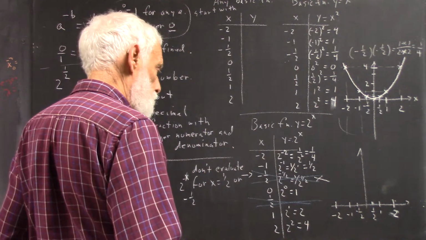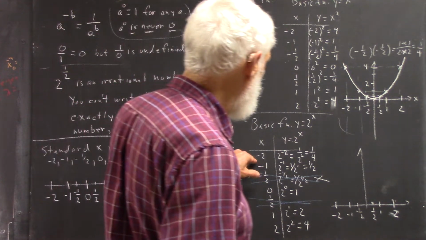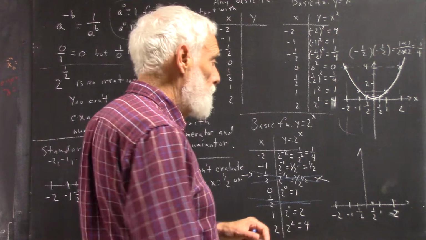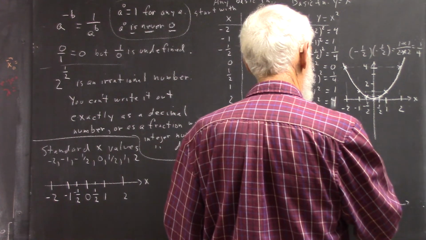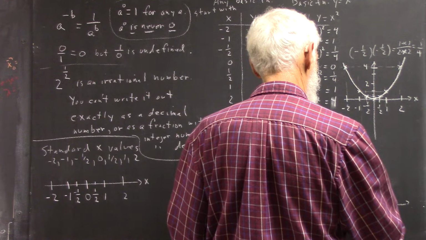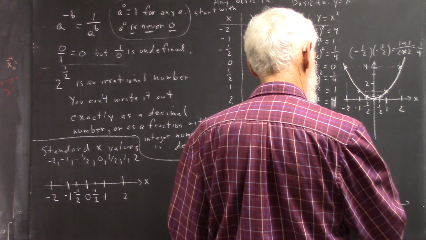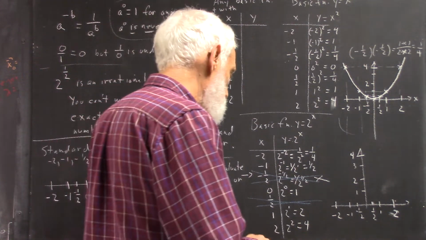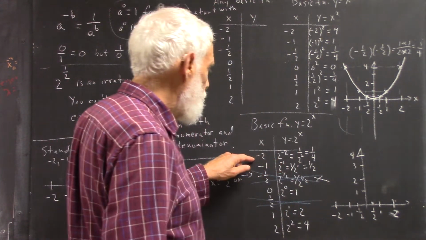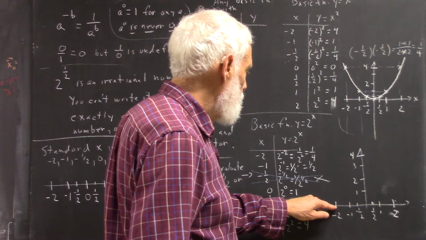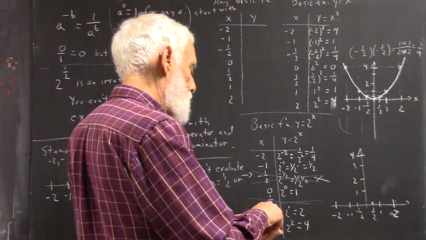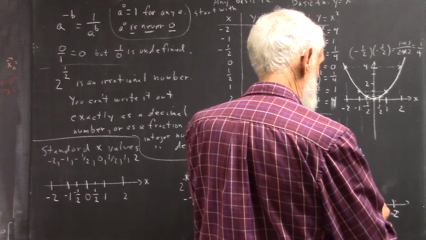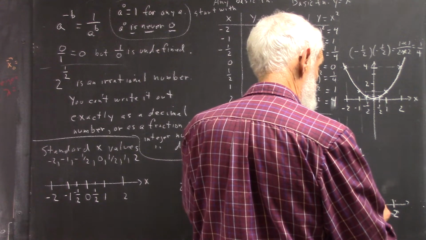Now I'm going to use a different colored chalk because of the point -2, 1/4. Well, first we've got to scale our y. Again, our biggest number is 4. Okay, so I can scale my y-axis. And now where x equals -2 is here. 1/4 is, subdivide the interval from 0 to 1, you get 1/2.